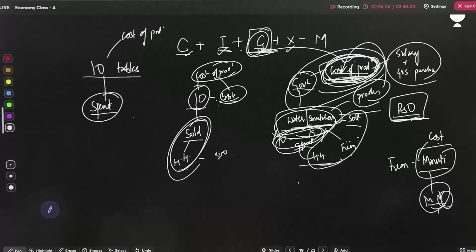Land, bonds, or shares only represent a change in ownership. They do not represent any production. But the moment you construct, that gets added. Otherwise, it's only a change in ownership.